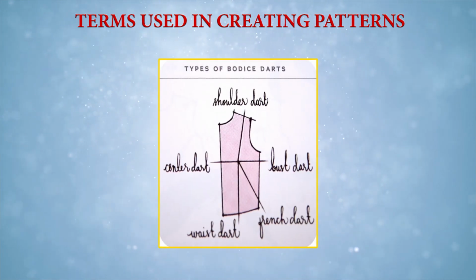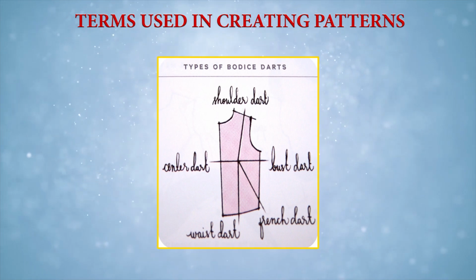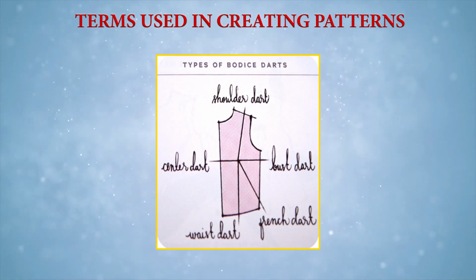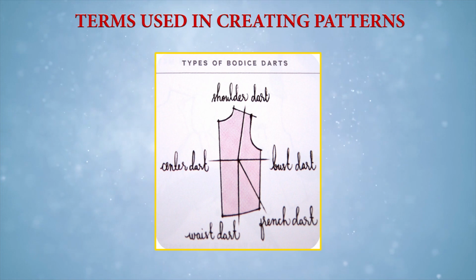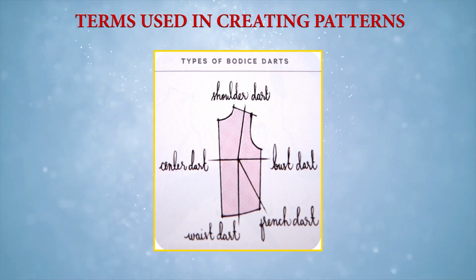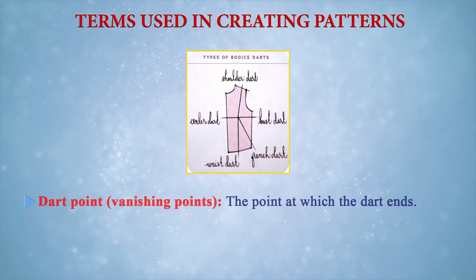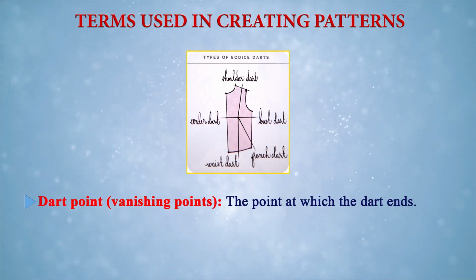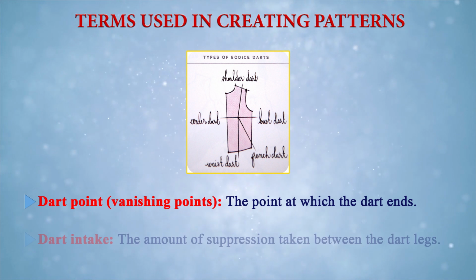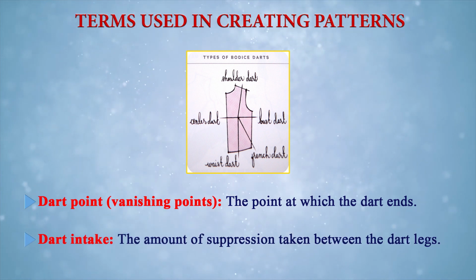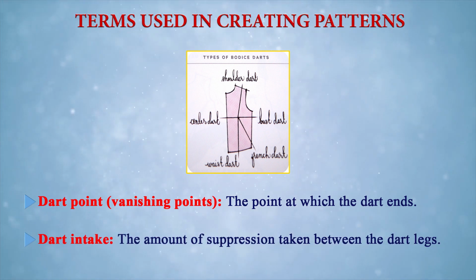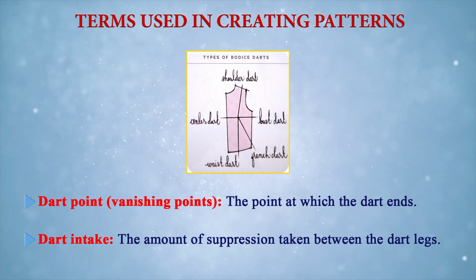As you can see in the picture, there are different types of dart we can develop on a pattern. We can develop a shoulder dart, a center dart, a bust dart, a French dart, and a waist dart. The dart point is the point at which the dart ends, and the dart intake is the amount of separation between the two dart legs.